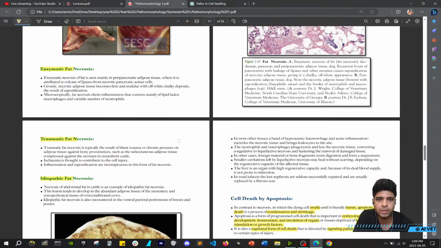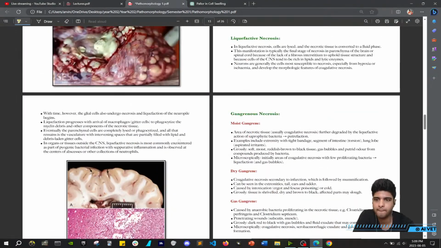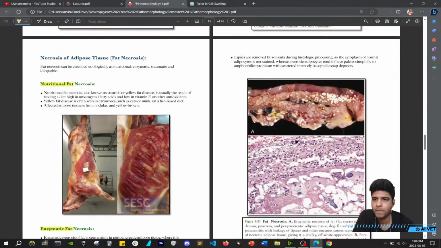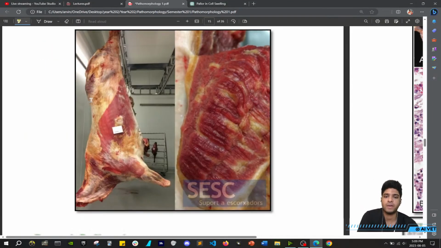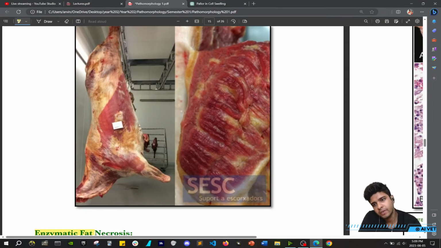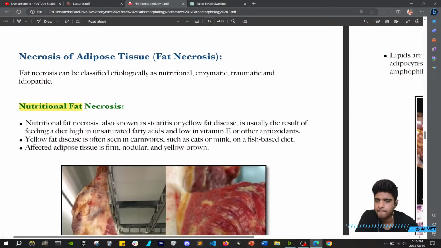When we come to it, we'll go through that. Yeah. So what is nutritional fat necrosis? Okay, here the fat is lined here, I guess. Okay.